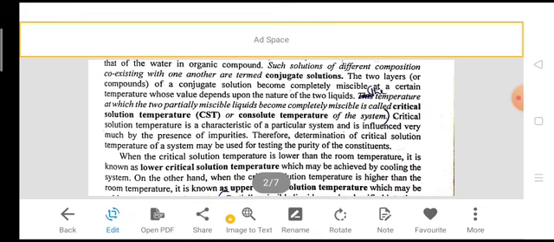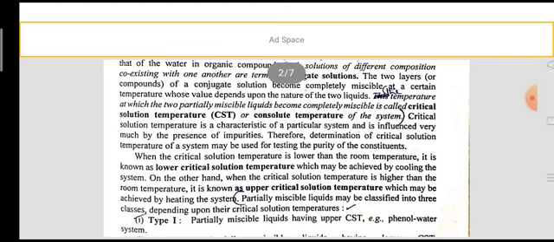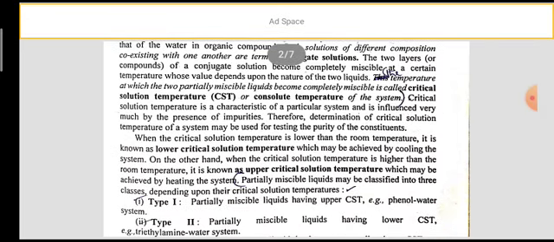That temperature is called the critical solution temperature or consolute temperature. Actually, critical solution temperature is a characteristic of a particular system and is influenced very much by the impurities present in that system. Therefore, critical solution temperature of a system may be used for testing the purity of the constituents.